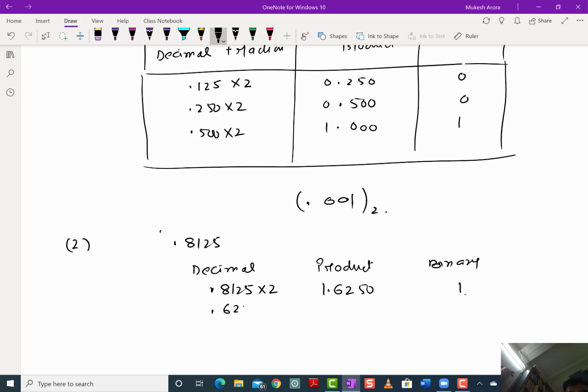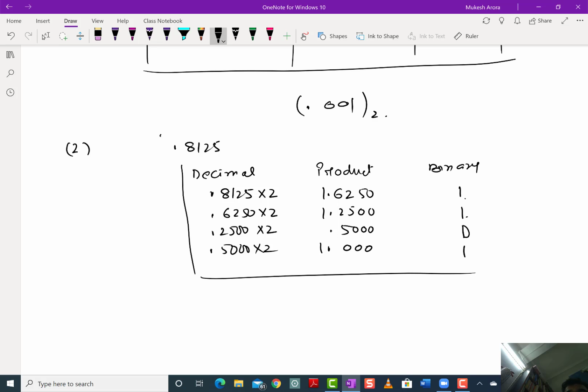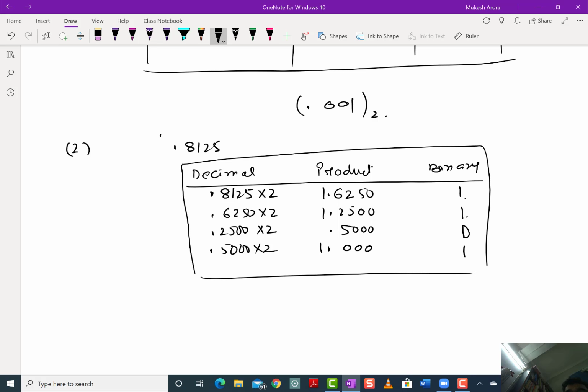So now 0.650 into 2 will be 1.300, again 1. 0.3 into 2 will be 0.6, binary 0. 0.6 into 2 is 1.2, it will be 1. So now the answer will be 0.1101.